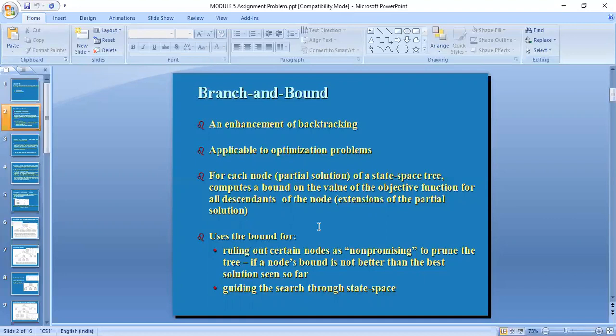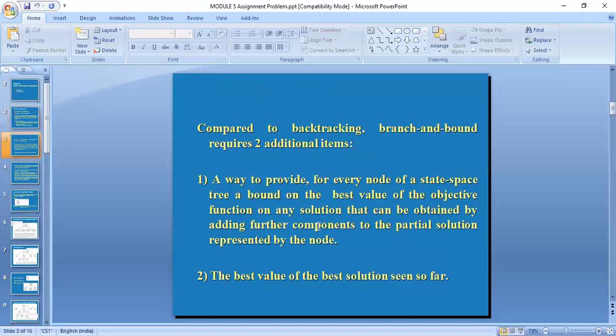If it is a minimization problem, whichever gives you the least value will be taken as a partial solution. If you have a maximization problem, we would have calculated the upper bound, so we see what the maximum value is. Based on that, we will be ruling out certain nodes. So that will be your guidance for the state space tree.